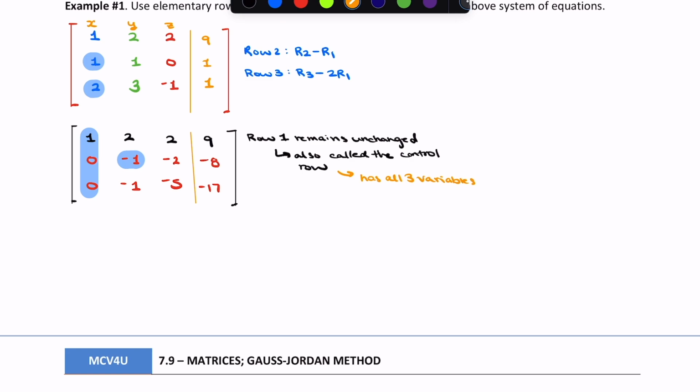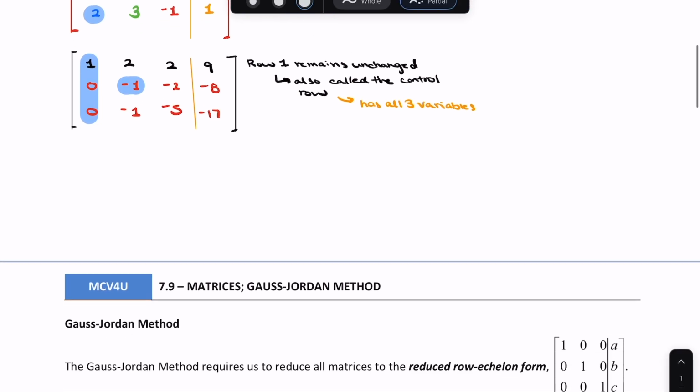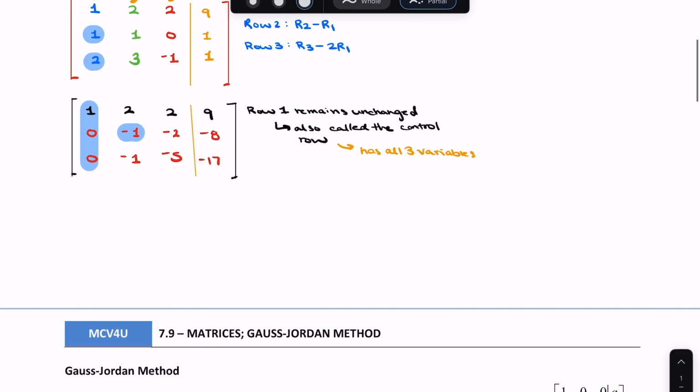Okay, so now our goal here is to change, again, our column 2, row 2, into, again, positive 1. So here, if we look at our row 2, we're going to take row 2, and we'll multiply that by -1.